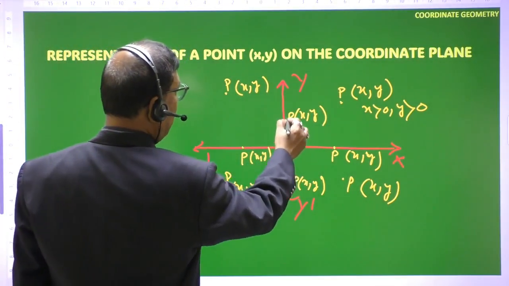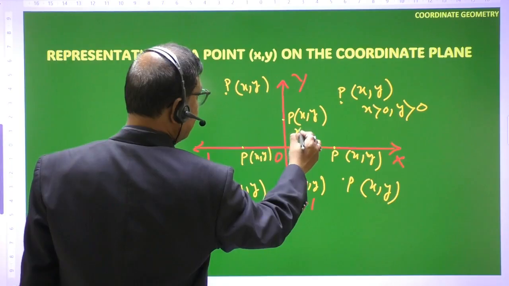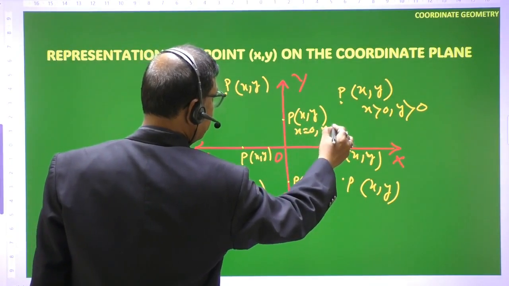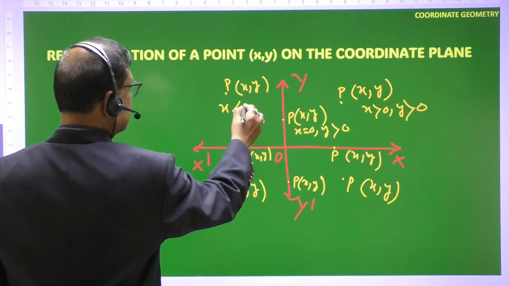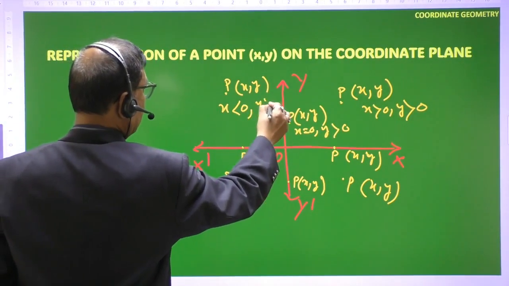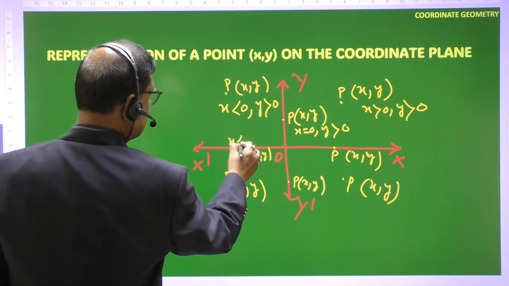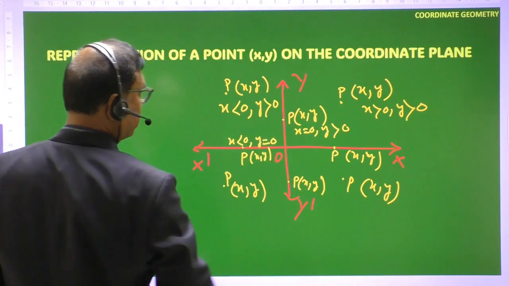Here point P is on y axis, that means here x value will be 0 and y is positive. Here x is less than 0 and y is greater than 0. Here x is less than 0 and y equals 0.